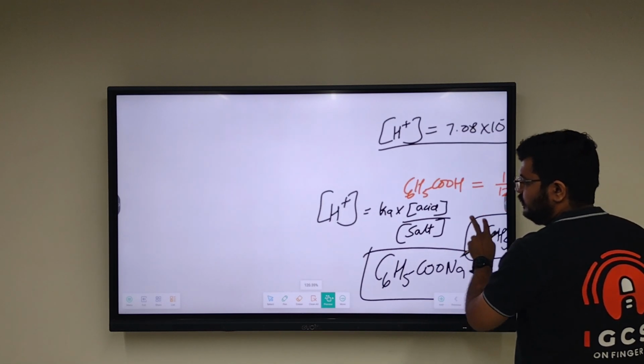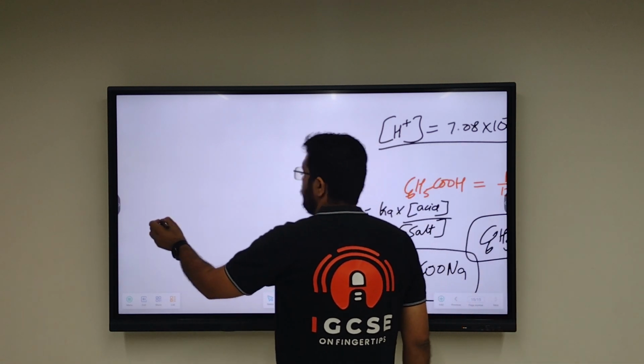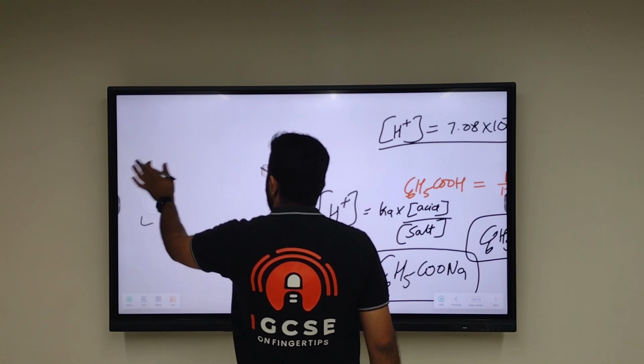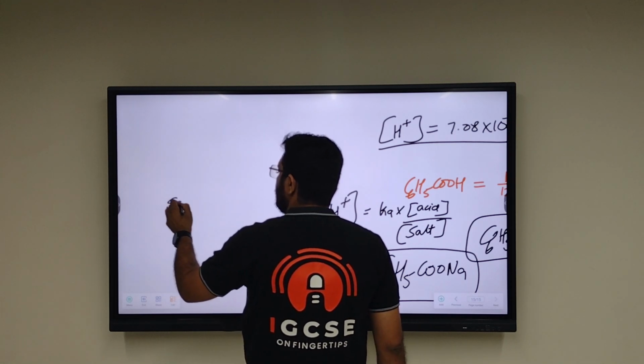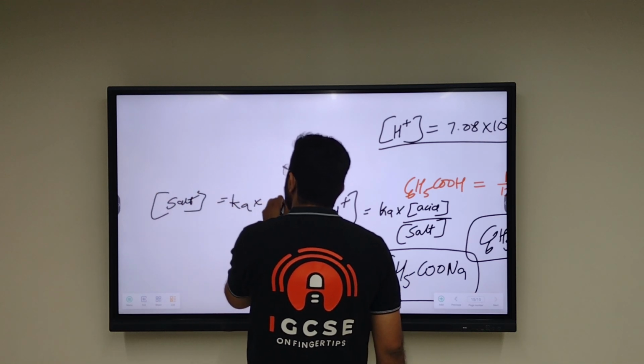You don't need to do the shortcut. H plus concentration multiplied by salt concentration is equal to Ka into acid.